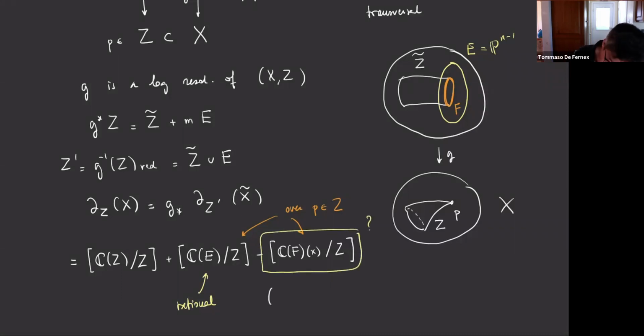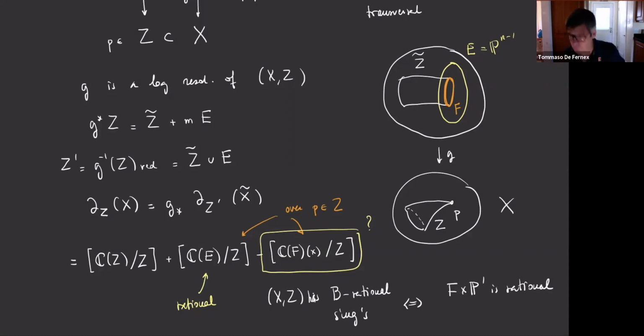In order to make a cancellation with other fields, I see that this pair XZ has rational singularities if and only if F cross P1 is rational.